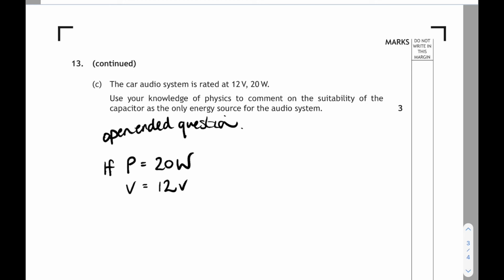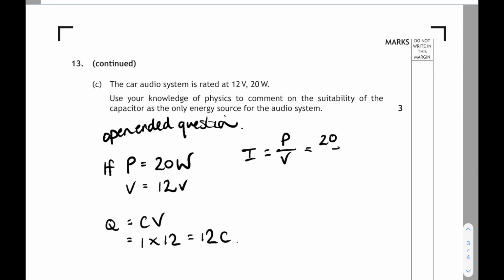Remember from your relationship sheet, capacitance C equals Q over V. Well, that means that Q equals CV. So the total charge that could be stored on this capacitor would only be 12 coulombs. Now we could work out the average current that would be flowing, because I equals P over V, which would be our 20 watts divided by 12 volts.